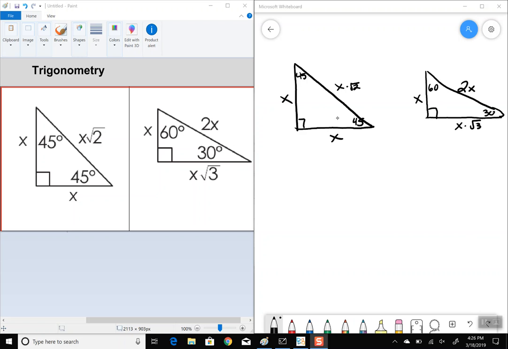On the flip side, for a 45-degree isosceles triangle, so 45, 45, 90, that special case, if you know one of the sides, you know the other side, but then the hypotenuse will be whatever one of these sides is times the square root of 2. And so let's just see where these things come from.